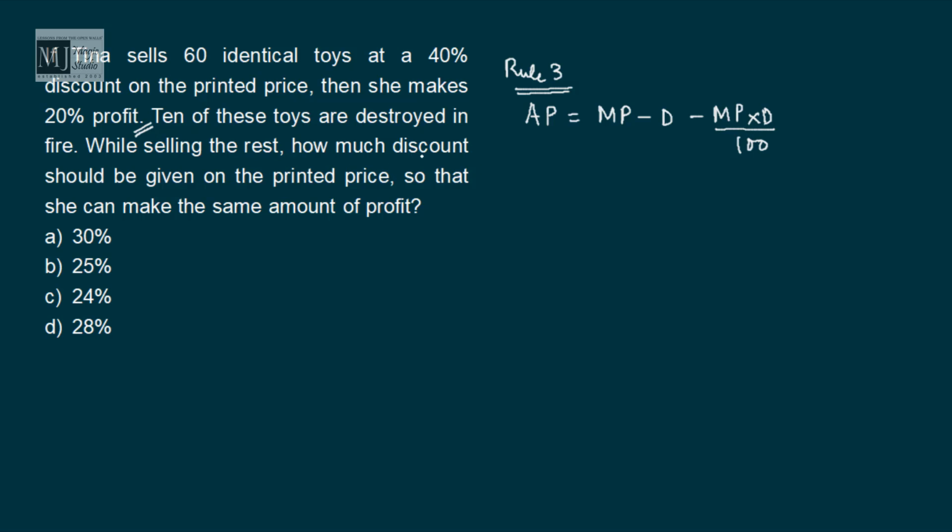Actual profit made by Tina is 20%. Marked up we don't know. Discount offer 40%, minus 40 M by 100. So 60 equals 60 M by 100. M is 100%. She marked up everything by 100%.